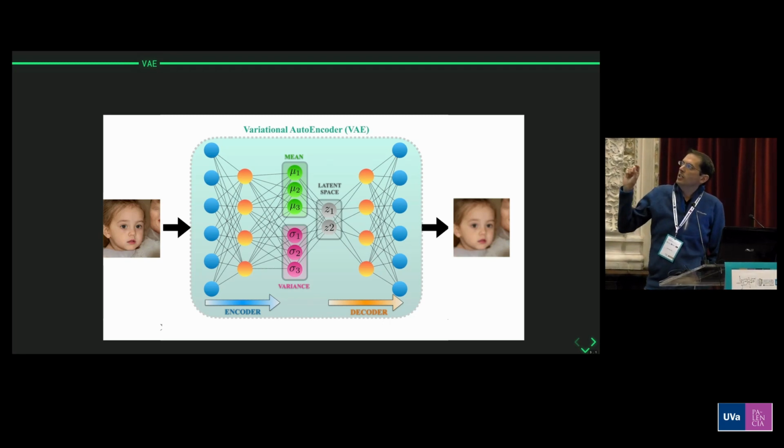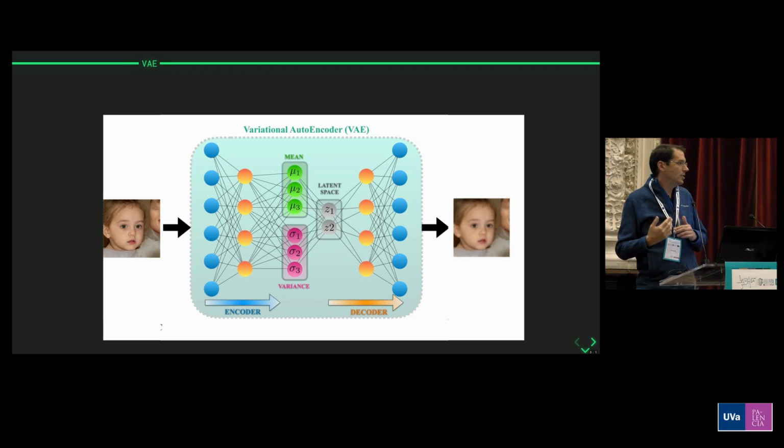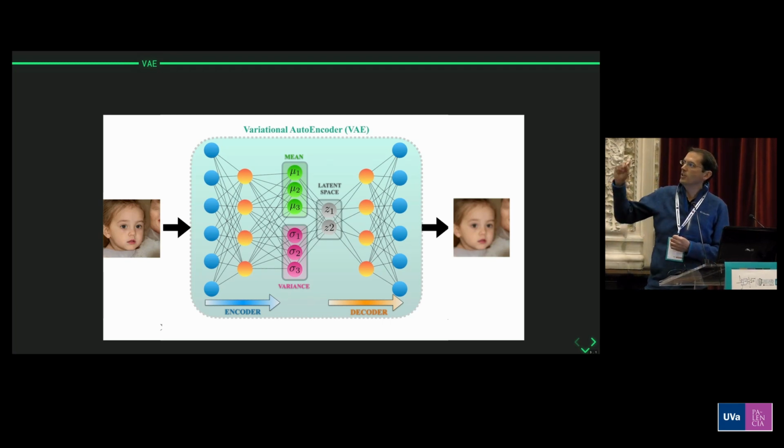The output of these neurons is just a sampling, from the previous layers giving you the mean and the variance of the distribution. So you sample from Gaussian distributions. That's the stochastic part. So it's not completely deterministic, and that's very important for the rest. That splits your neural network in two parts.